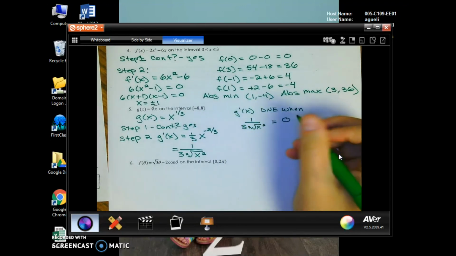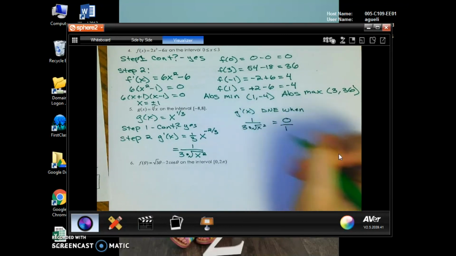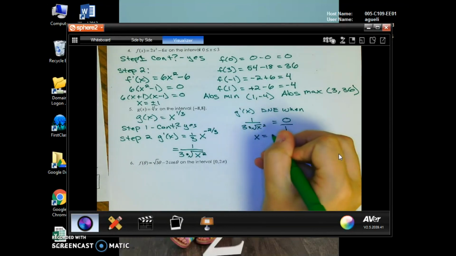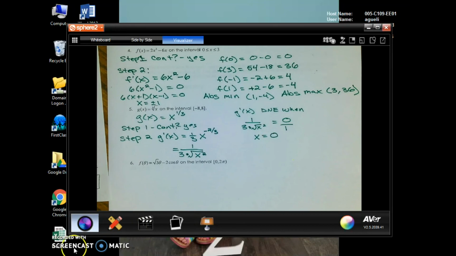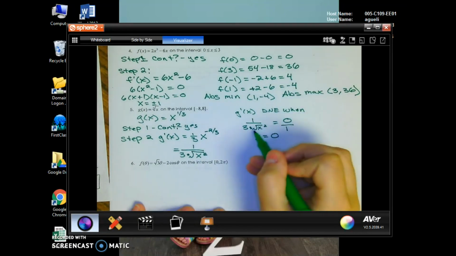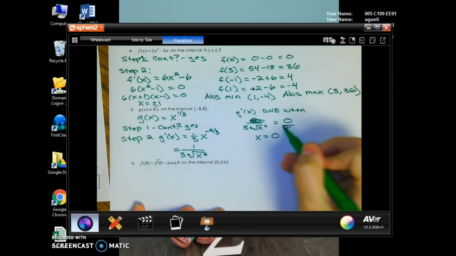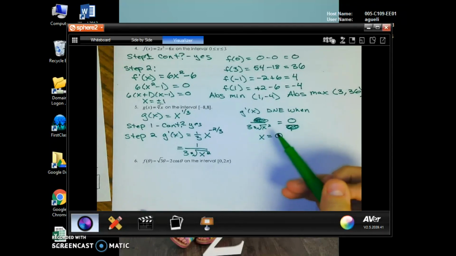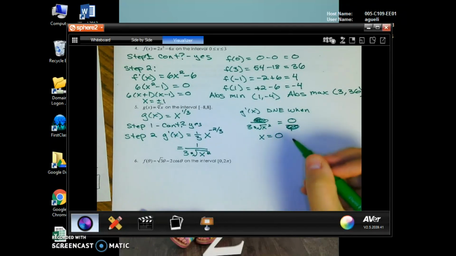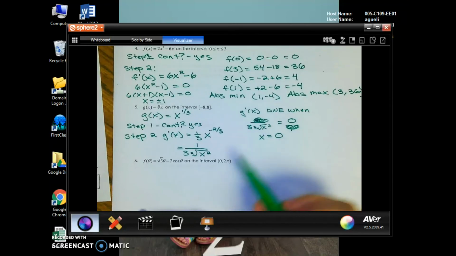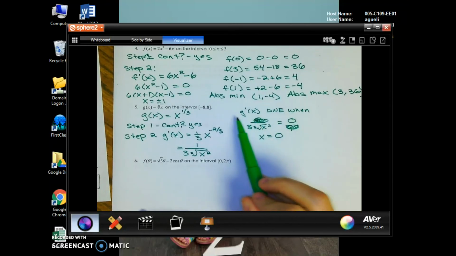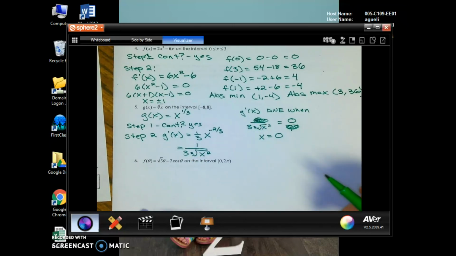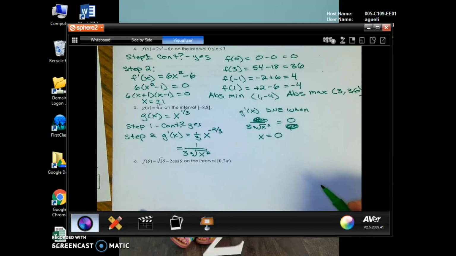I'm sorry, I accidentally carried that 1 over, but I shouldn't have. It's just where this equals 0, so you divide both sides by 3, and then you could square both sides and then take the cube, or cube both sides and then take the square. Either way, it's going to be 0. So the derivative does not exist when the denominator is 0. Sorry about that. Okay, so that is our critical value.